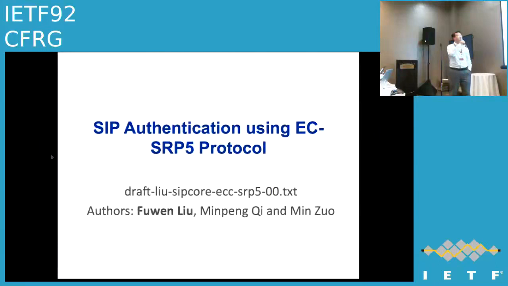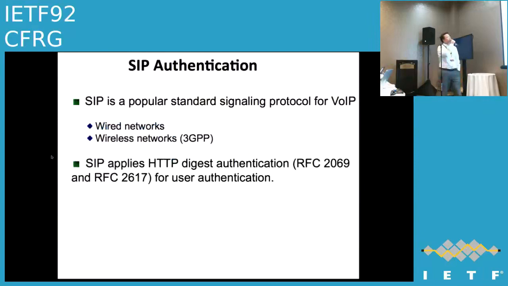Good afternoon. My name is Fu Liu from China Mobile. I would like to talk today about SIP authentication using the elliptic curve EC-SRP5 protocol. Everybody knows SIP is a popular standard security protocol for voice over IP.